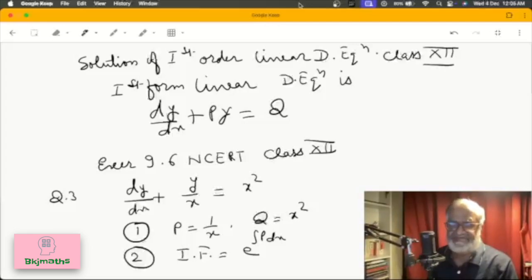So third step, find the integration factor.